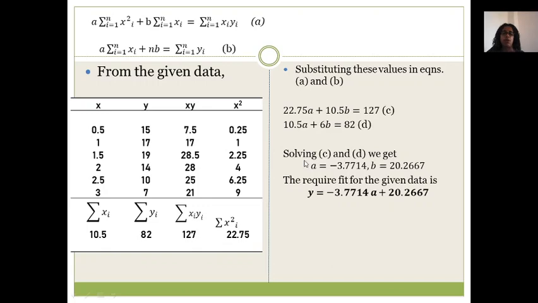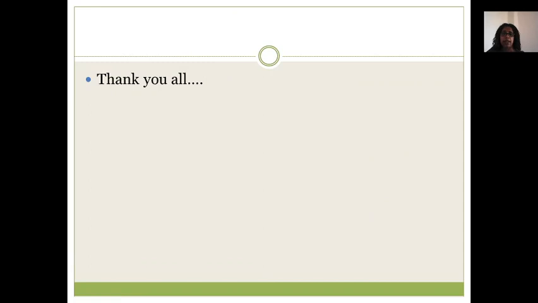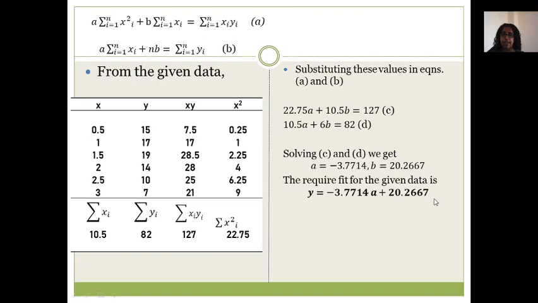Rearrange, solve, and you will get a as minus 3.7714 and b as 20.2667. And the required straight line fit equation for the given data will be y is equal to minus 3.7714x plus 20.2667, and this is all about the problem of fitting a straight line.